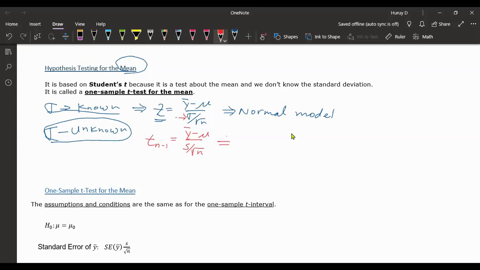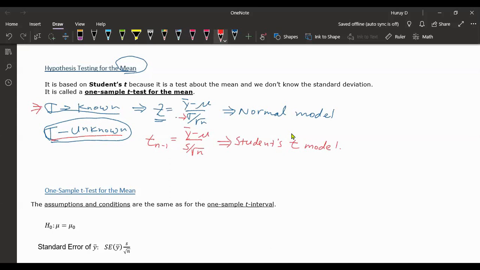And the distribution of this one is the student's T model. Okay, so these are the two cases. And as I said, in this course, we are assuming sigma is unknown. So do not worry about the other case, but for your knowledge, I wanted to mention it.